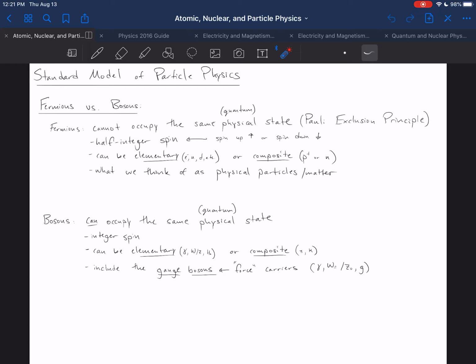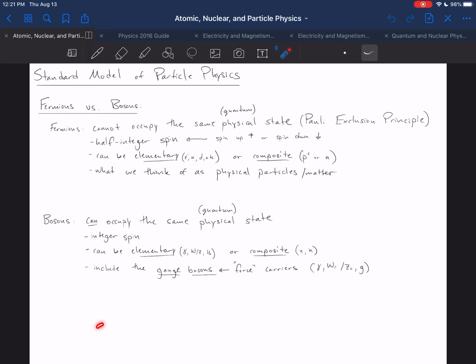But because we're not going into the math, you can think of it as being fundamentally related to the idea that bosons can occupy the same physical state. And we're going to see as we go through them a number of those particles, including the photon, the W and Z bosons, and the Higgs, as well as some composite particles that are bosons as well, known as pions and kaons and others.